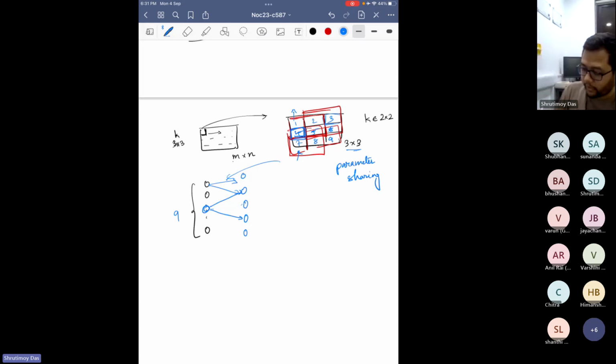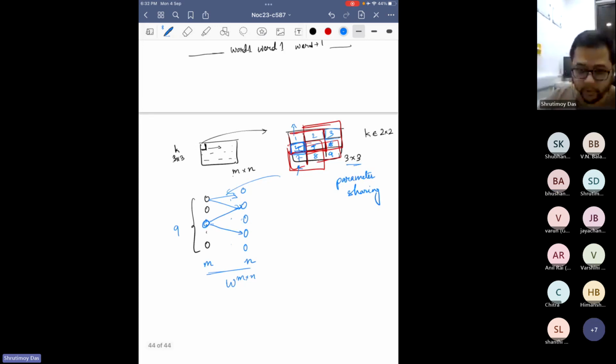So earlier, if this was m and this was n, we would have mn parameters, but now since this decreases, the number of parameters will also reduce. So this is one of the advantages of CNNs: even with fewer parameters, you are more efficient in parameter size and calculation, but it is also able to extract good features to learn.